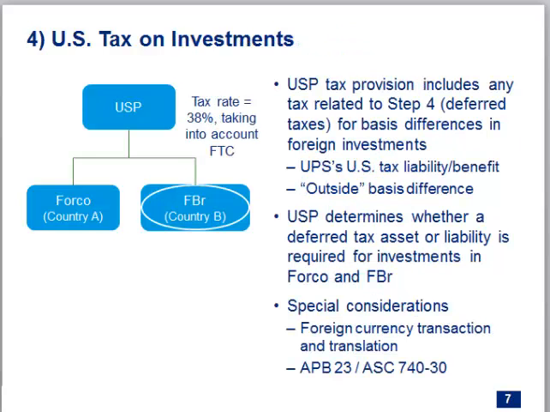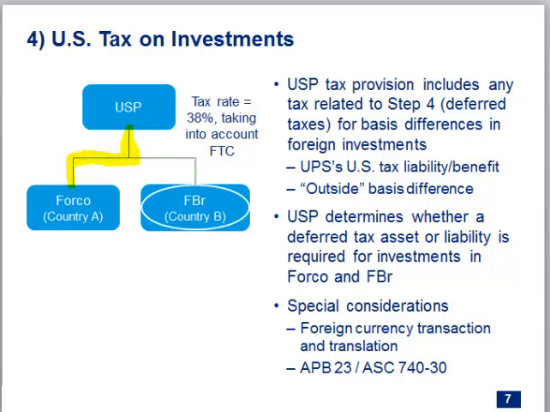So component 4 is U.S. tax on investments. When Lena was asking before about inside basis differences, I said in a second I would talk about outside. So when I mean outside, I mean this.